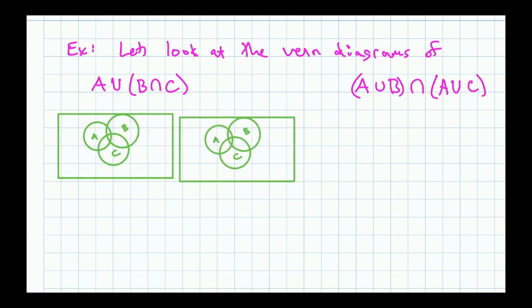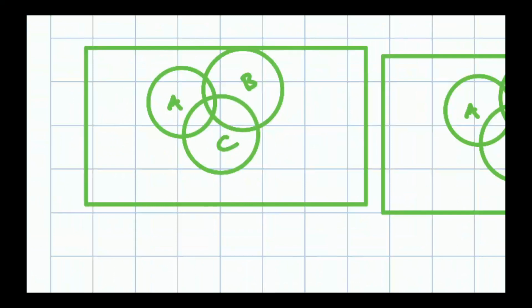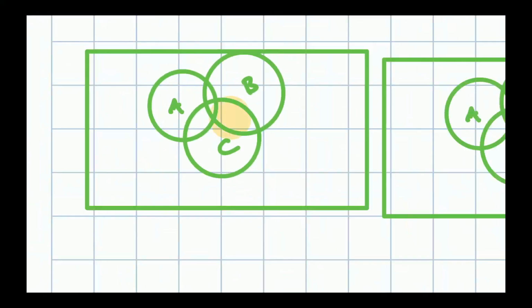Okay, so let's think about this. If we're going to be doing the union here, first of all, what is B intersect C? B intersect C is the overlap between B and C. Okay, so that's this area right here.